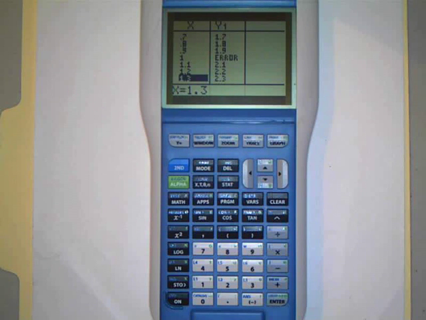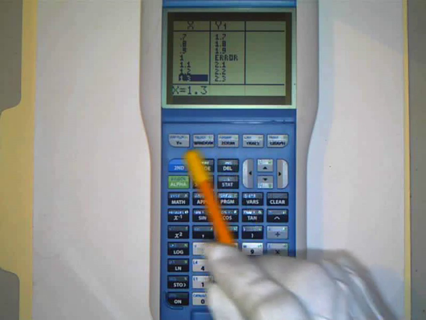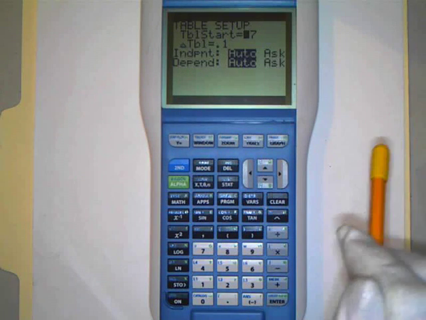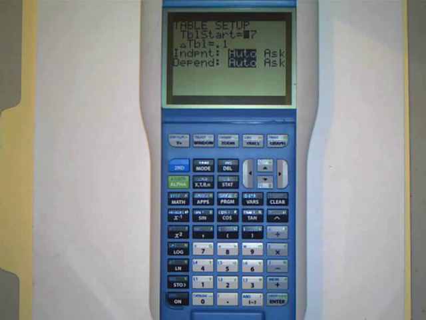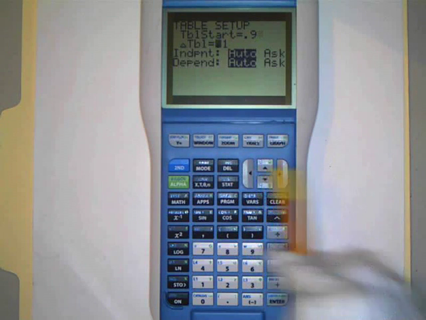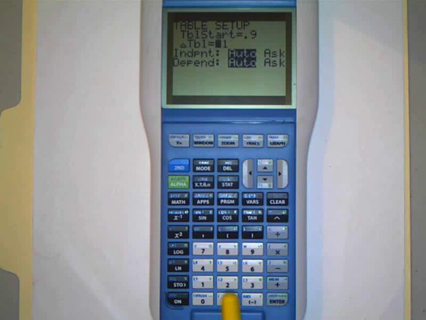Now if I want to do a little more fine-tuning, I can go back to my table, and instead of starting 1 unit away, I'll start 1/10 of a unit away. So 1/10 of a unit away from 1 would be 0.9. Then I'm going to change my delta table, my change in x, to 0.01.